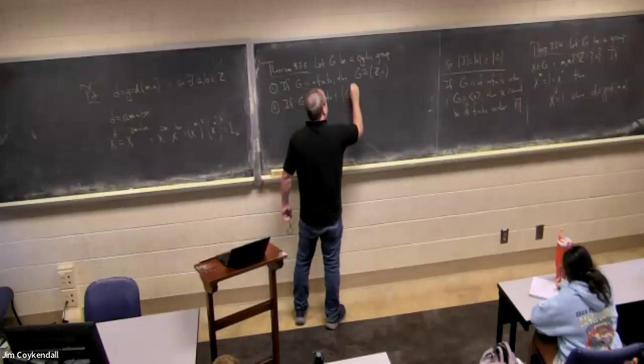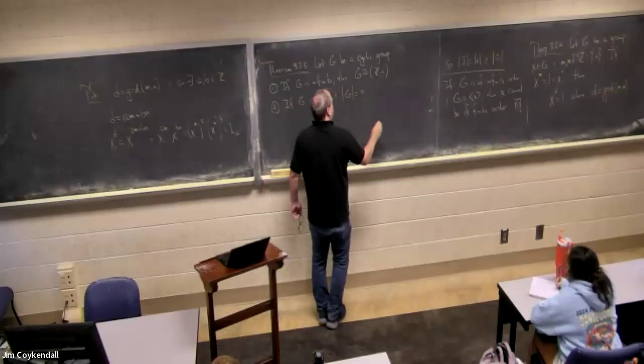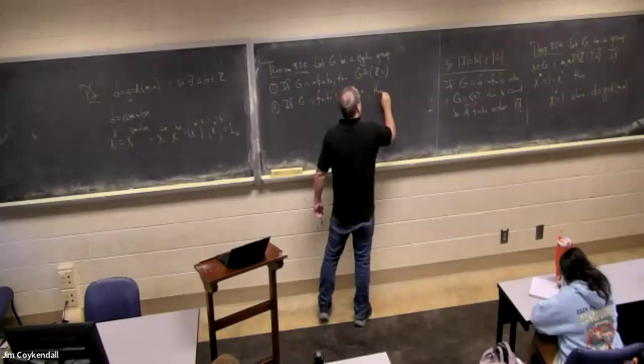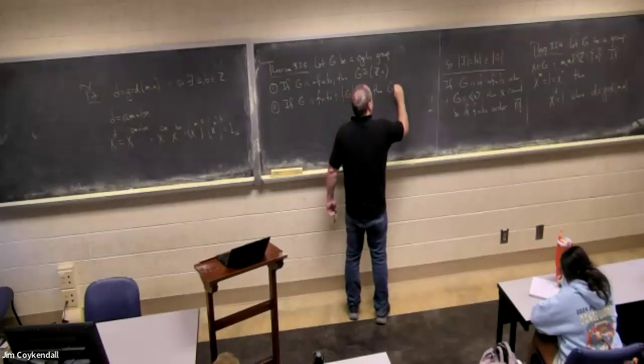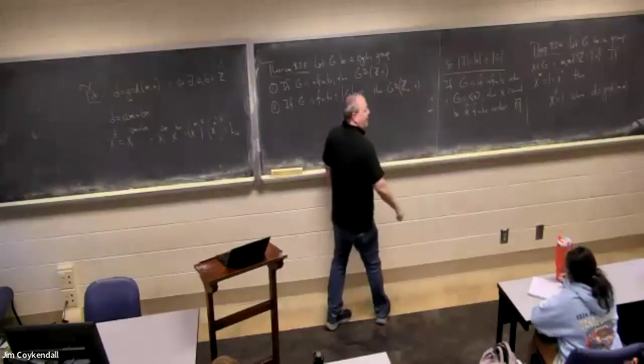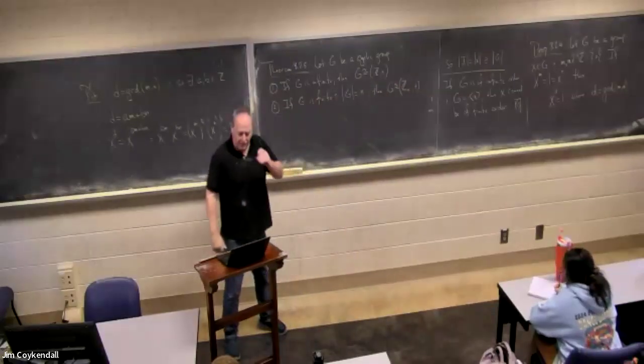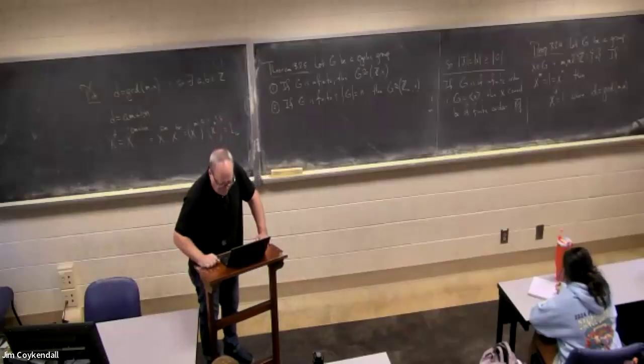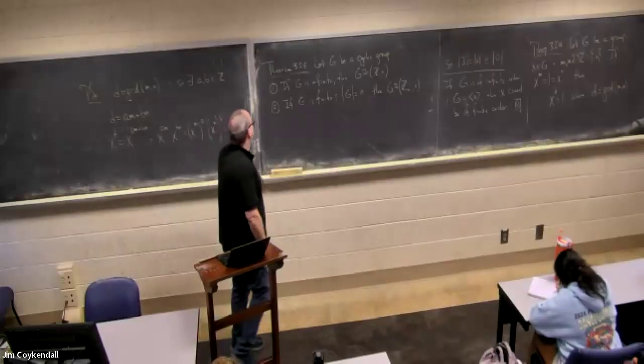The order of G is finite, then G is isomorphic. And I write the fact that these are in the plus for kind of dramatic purposes here. Okay.